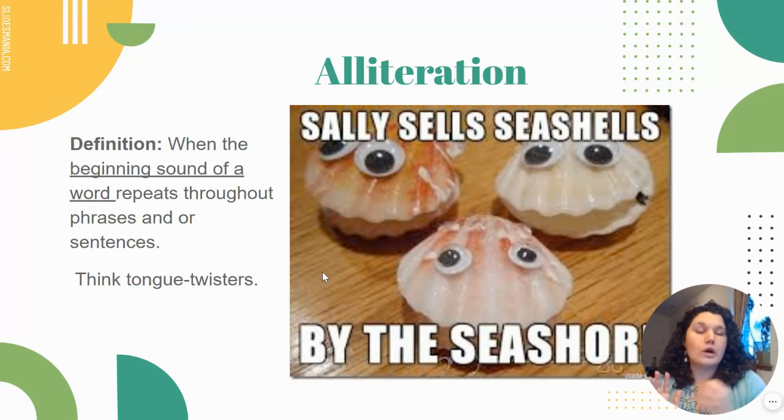So alliteration is when you have the same sound getting repeated at the start of each word. So things like Sally sells seashells by the seashore, that is alliteration. Did anybody find another tongue twister? If you found a tongue twister, drop it in the chat and I will try to say it.